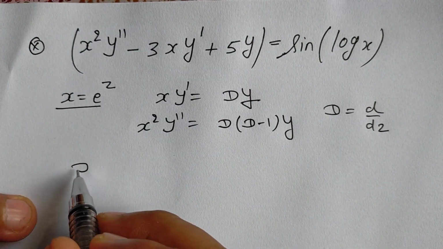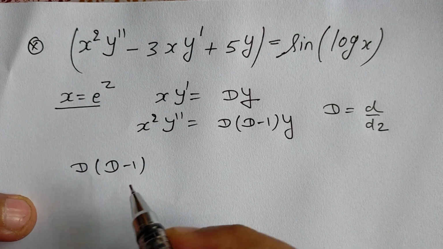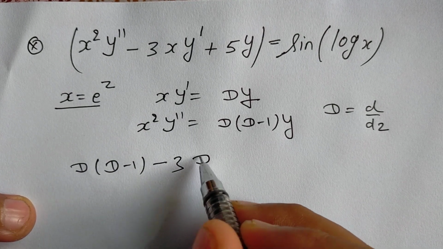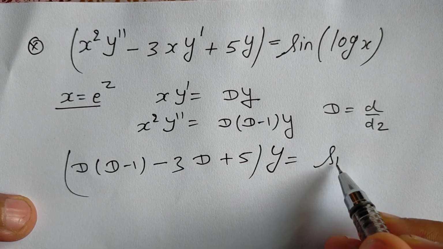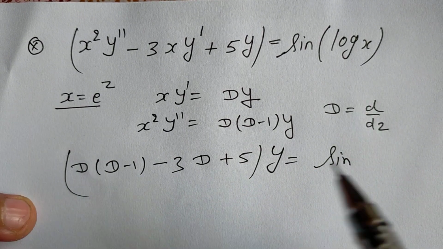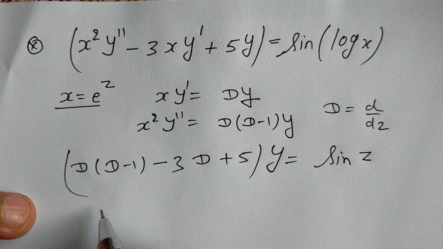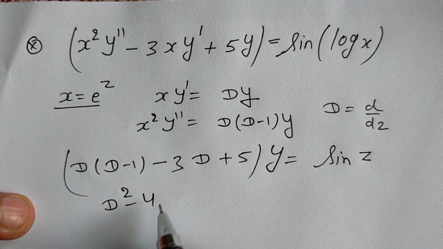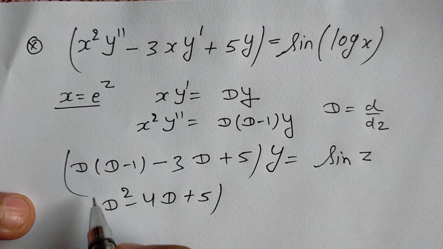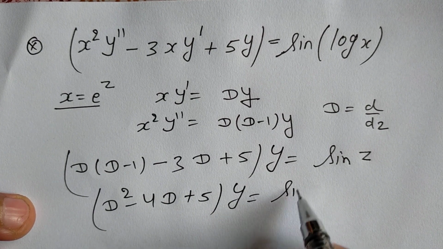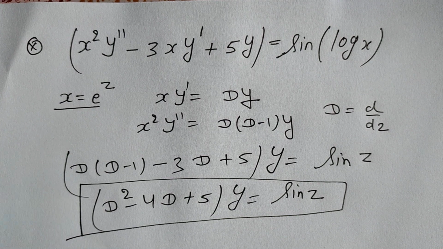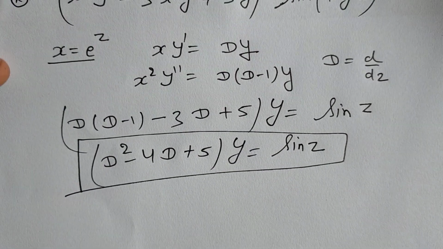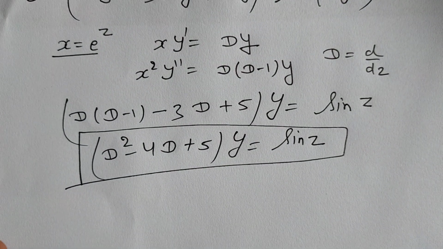So we get D, D minus 1, minus 3D plus 5 y equal to sine log x, equal to sine z. So this will be D square minus 4D plus 5 y equal to sine z. So this is the differential equation in the variable z and not x.